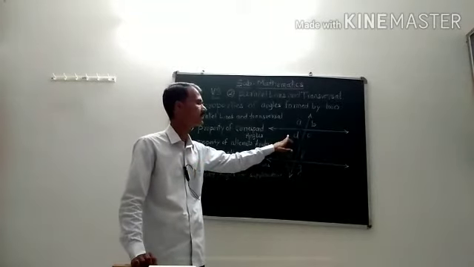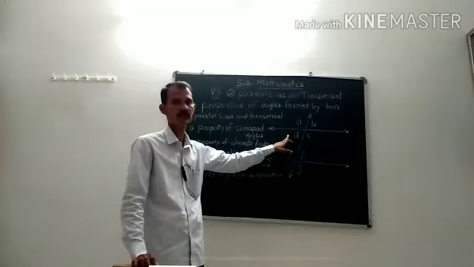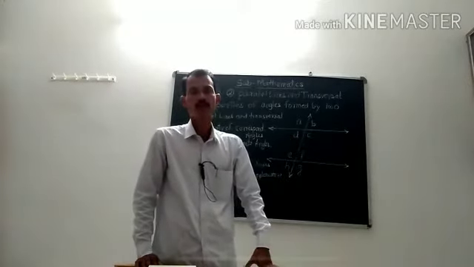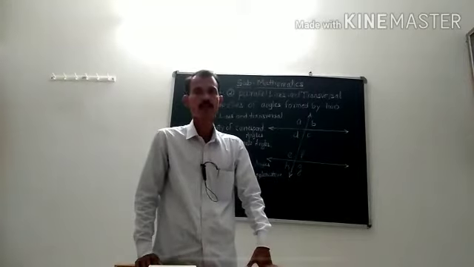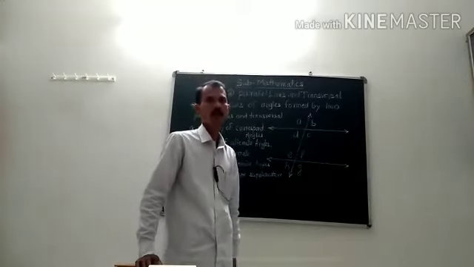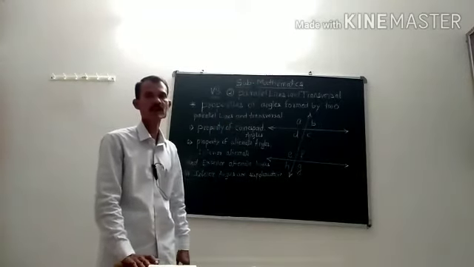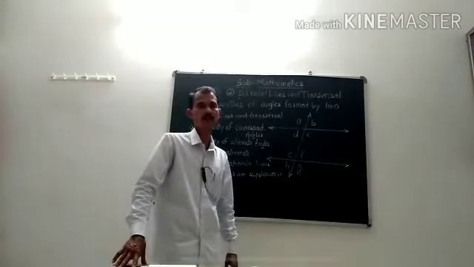After completing the activity, we get the properties. All the students must do this activity at home. After completing the activity, we get the properties of angles formed by two parallel lines and transversal.